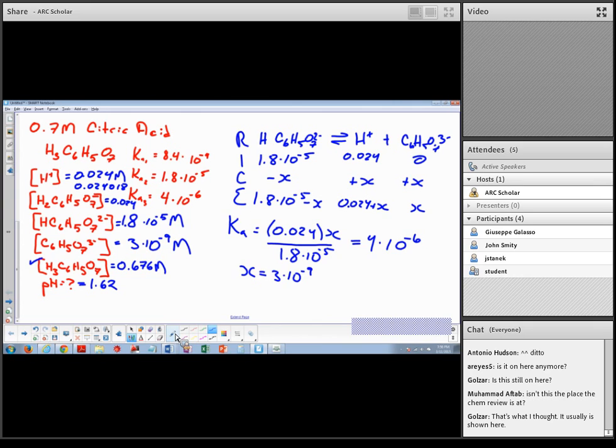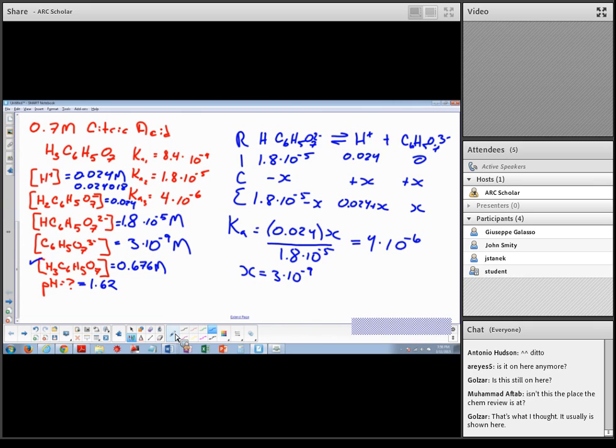Okay, this one's asking you to estimate the solubility of zinc hydroxide, Zn(OH)2. Estimate the solubility in pure water at 25 degrees Celsius.